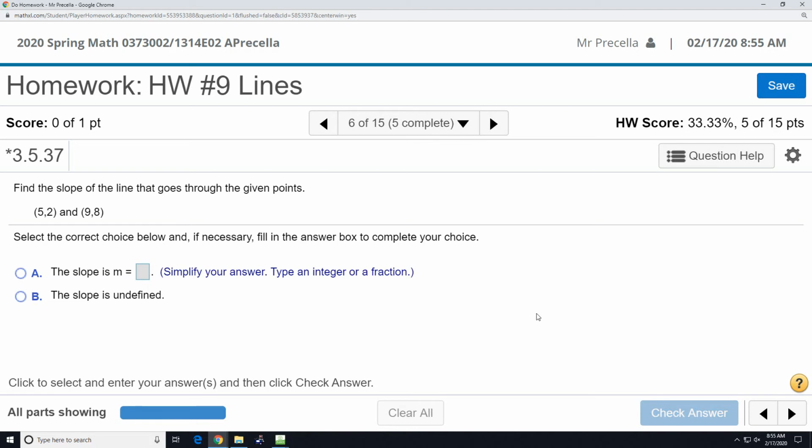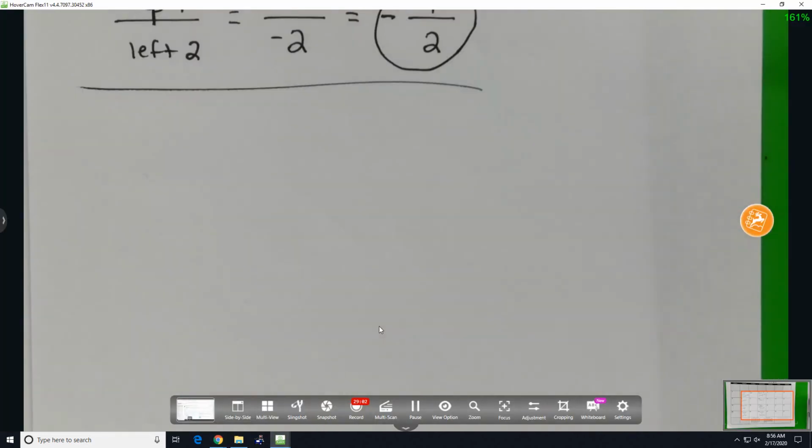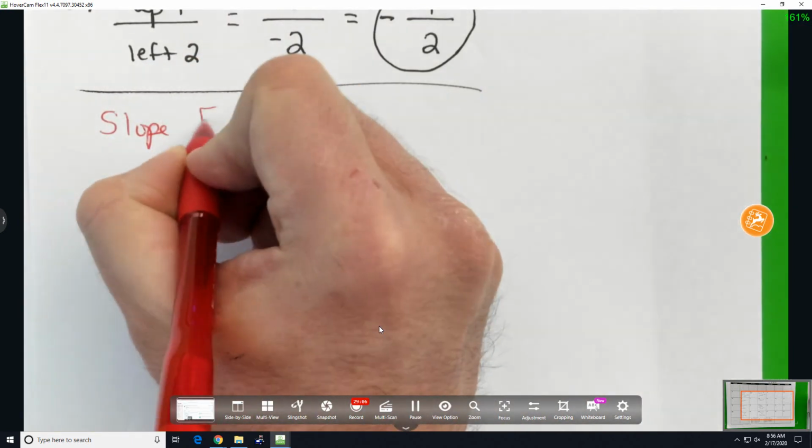And instead of 9, 8, suppose it was 90, 80. Do you really want to be counting? So here's a formula that you can use for finding the slope when you're given 2 ordered pairs. So here's another formula for us this semester, something referred to as the slope formula.